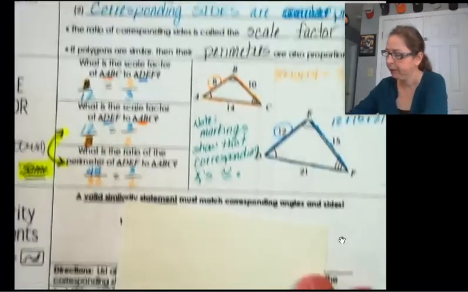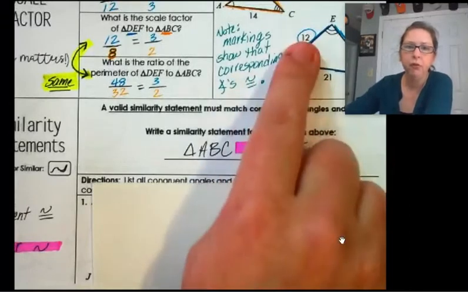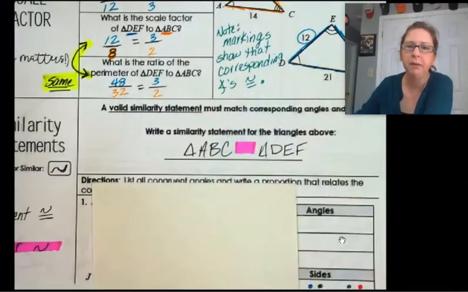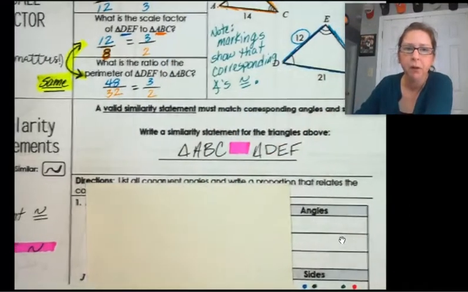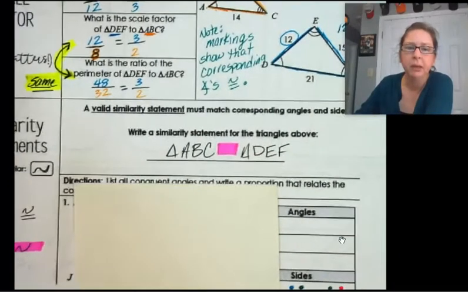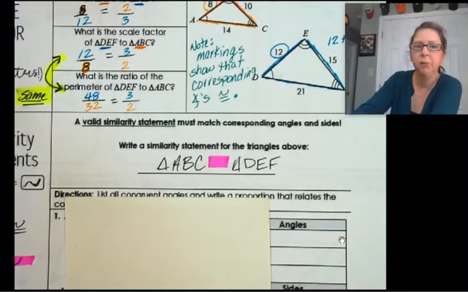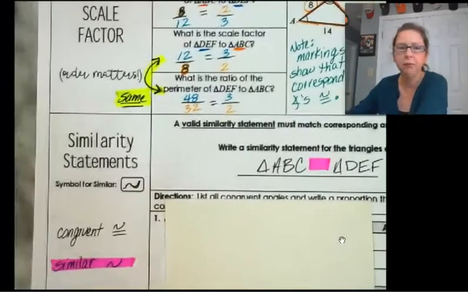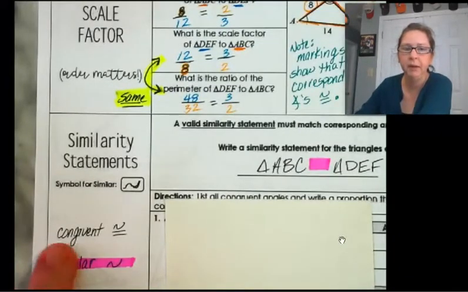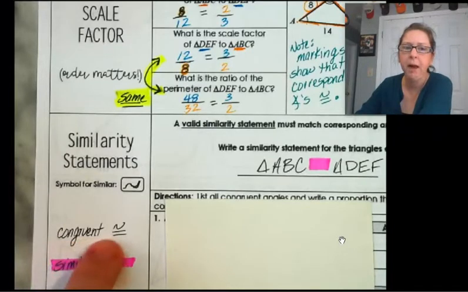Okay, let's take a look at a similarity statement here. These two triangles up above, ABC and DEF, we're going to write a similarity statement for them now. A similarity statement is different than a congruency statement. What we've been using in the past was for congruent triangles.